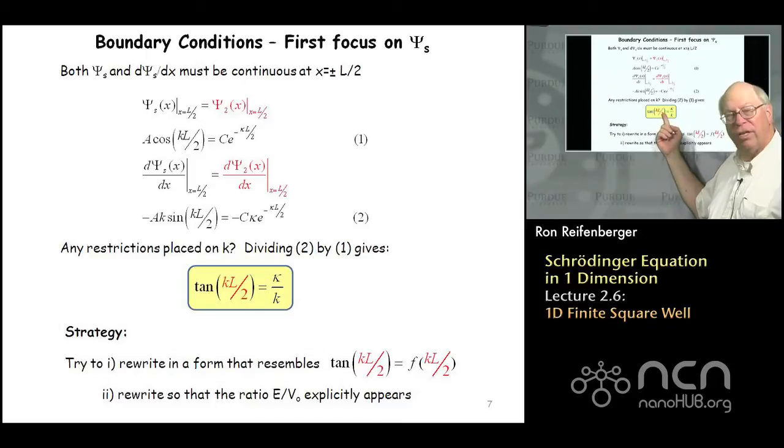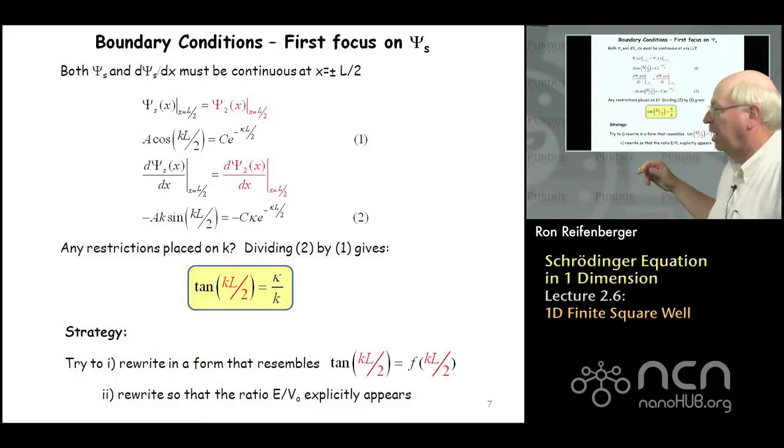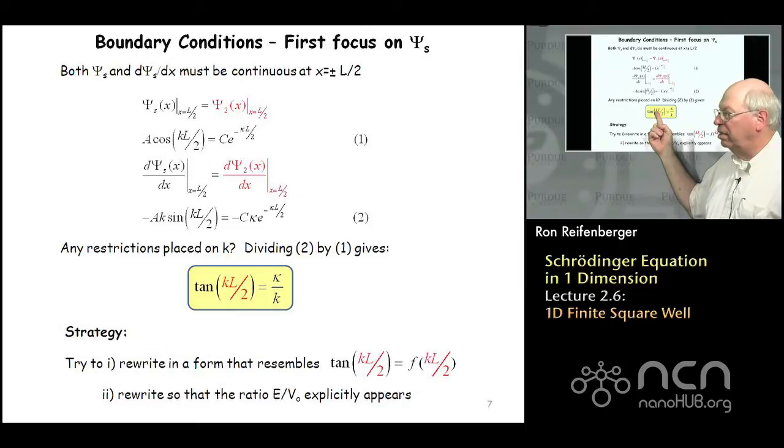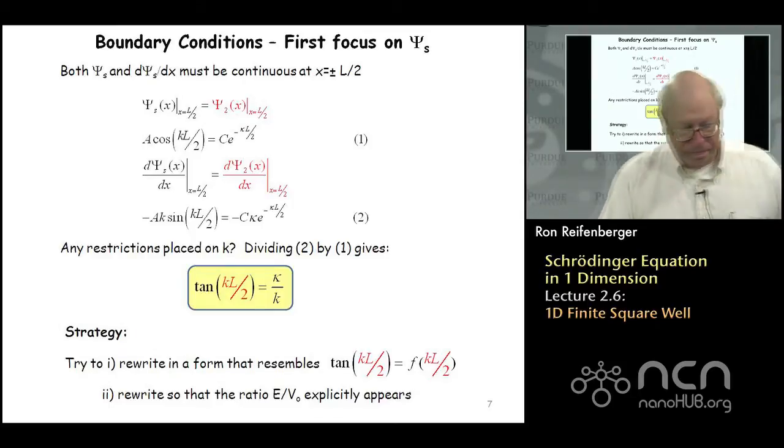This is referred to as a transcendental equation. It's complicated because it involves tangent of k on the left-hand side and just k, 1 over k on the right side. Somehow we have to find the values of k that satisfy this transcendental equation.